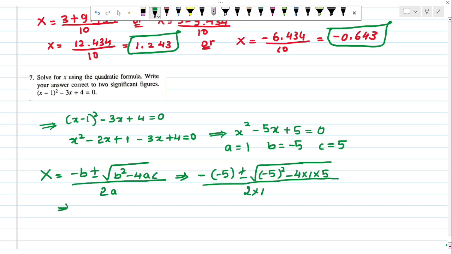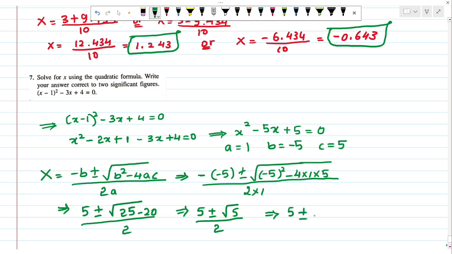So I'll write 5 plus or minus root of 25 minus 20 divided by 2. So I'll get 5 plus or minus root 5 divided by 2. So this becomes 5 plus or minus, root 5 value is 2.24, divided by 2.